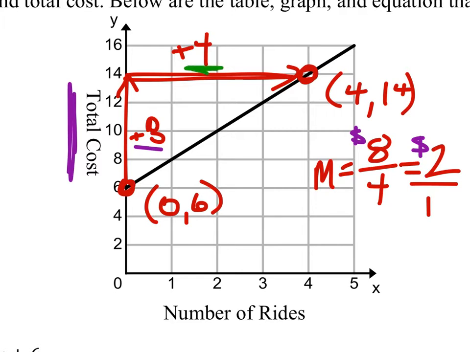So that's this 4 right here. We can see from the x-axis, because of the label, which is why it's important to have our x- and y-axis labeled, 4 is represented by rides. So that would be 1 ride right here. So in other words, the slope is $2 per 1 ride in context.